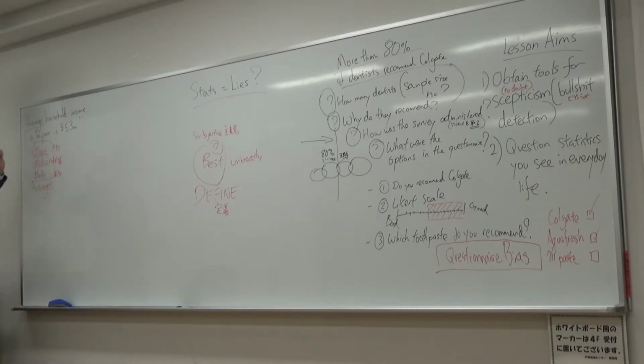Why is mean not a good way of judging household income? Mariko-san, the question is why the mean is not good. Why is it not useful? I know you explained it, but it's a little bit complicated.